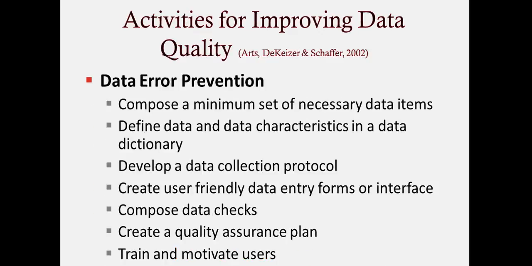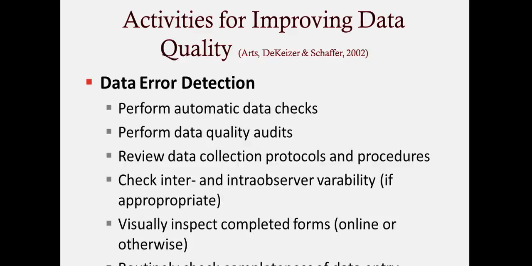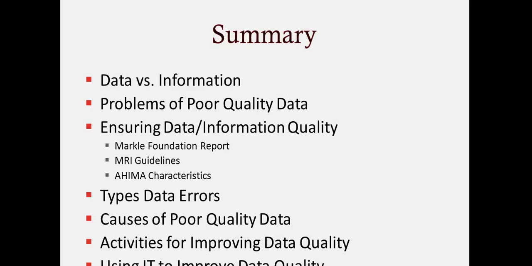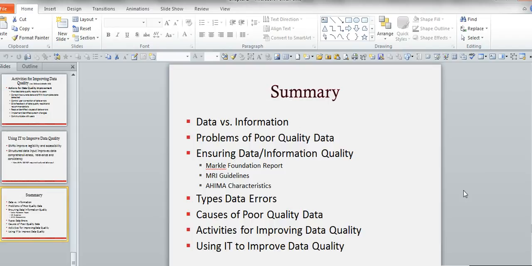What are the activities you can perform to improve data quality? What are the things you can do for error detection in data, and using IT to improve data quality? EMRs, or electronic medical records, improve legibility and accessibility. So basically, this talks about some ways in which you can improve data quality.